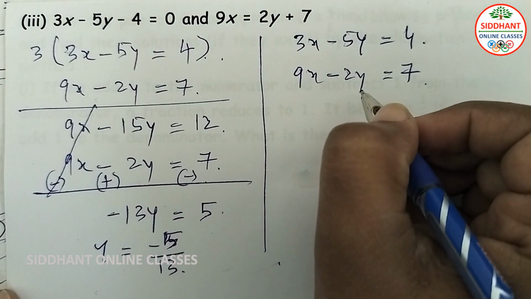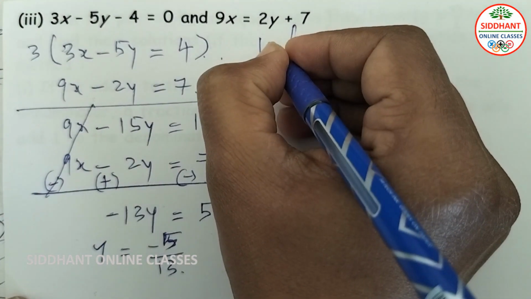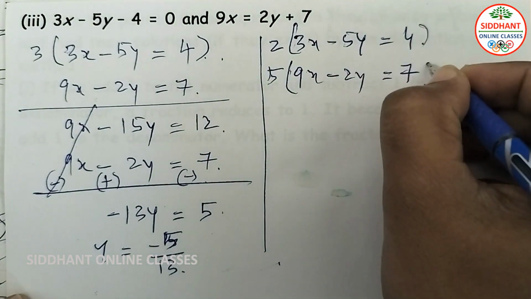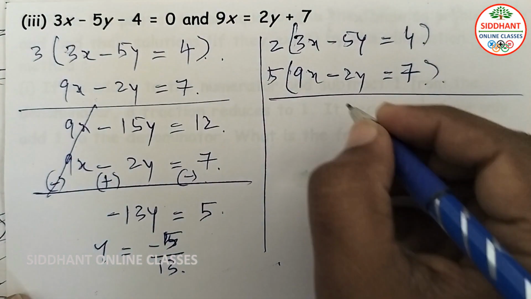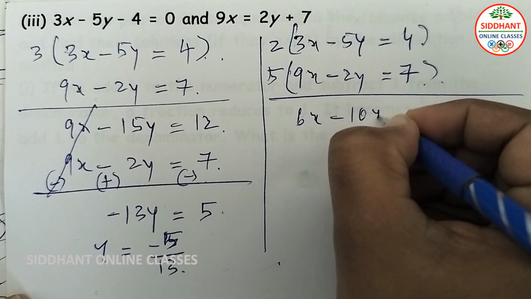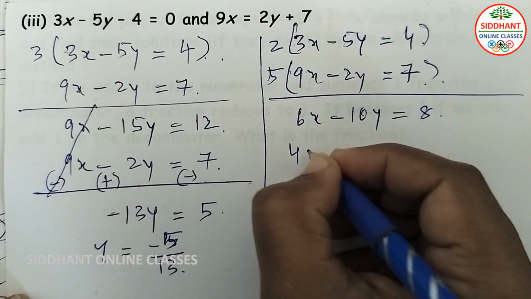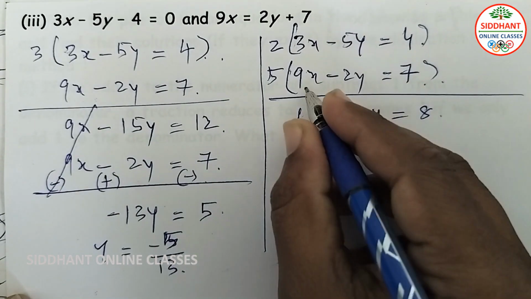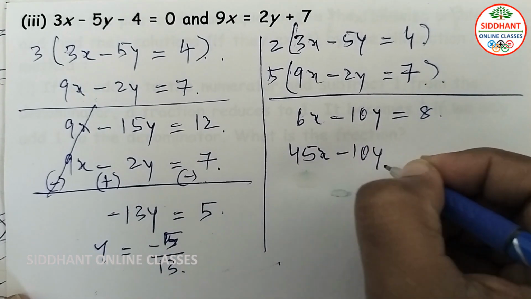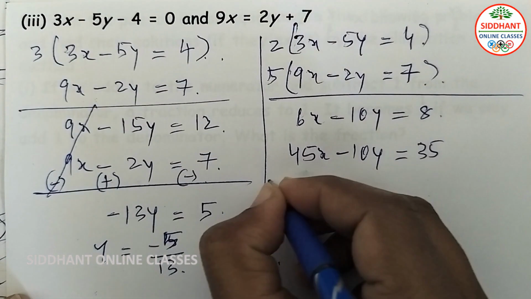In order to cancel the y variable, we are going to multiply the first equation with 2 and the second equation with 5 here. So now we are going to get here 6x minus 10y equals 8, and here 45x, 9 into 5, and 2 into 5 we get minus 10y, which is equal to 7 into 5, that is 35.